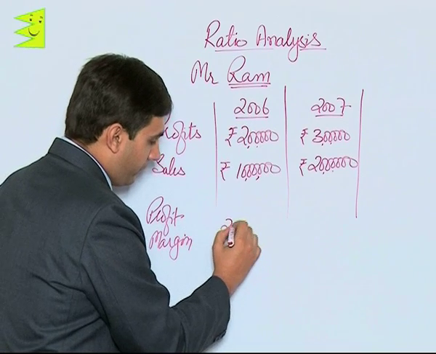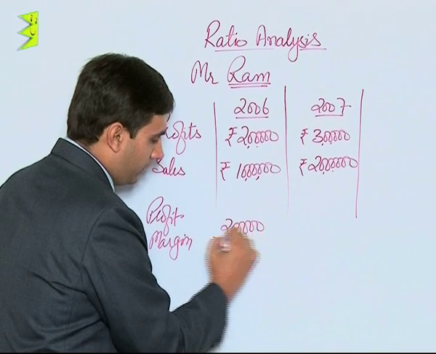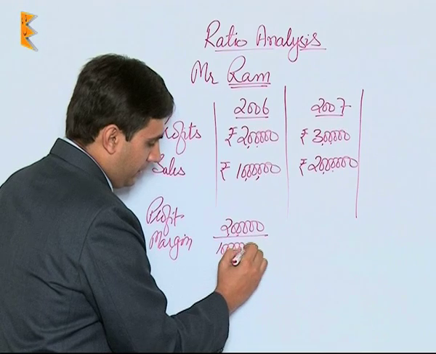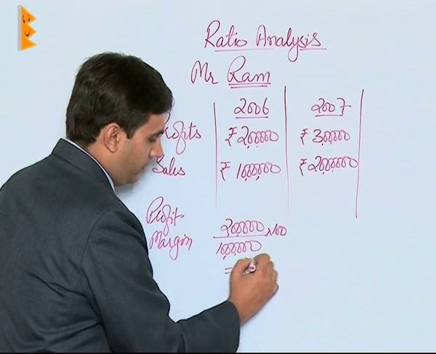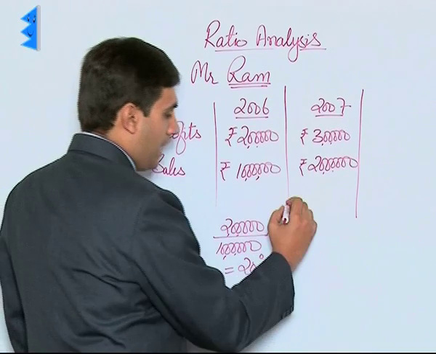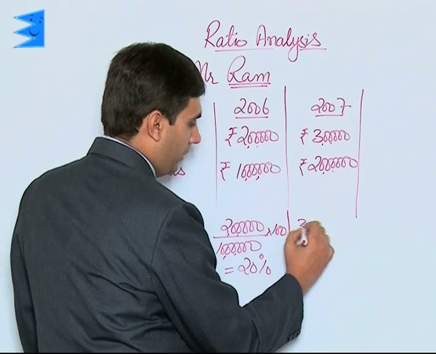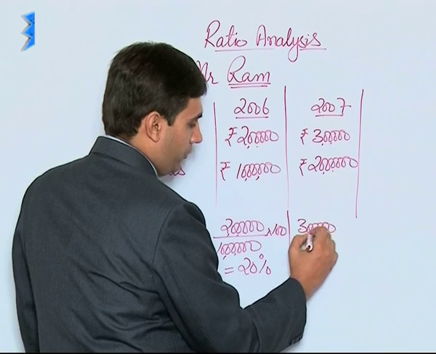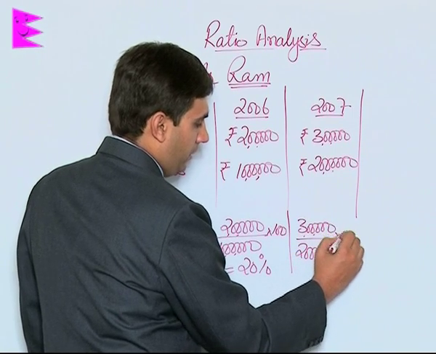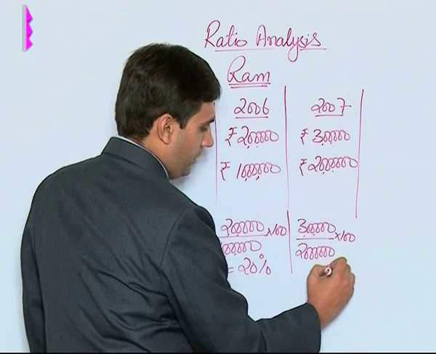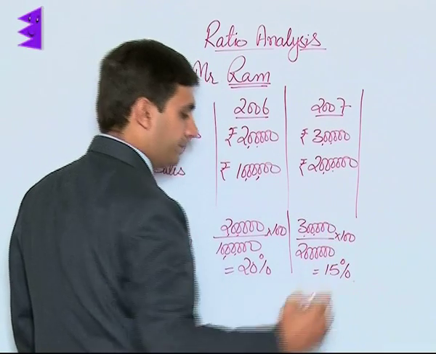First year we got a profit of 2 lakh on a sale of 10 lakh into 100, that makes it 20%. And second year we've got 3 lakh upon 20 lakh into 100, that is 15%.